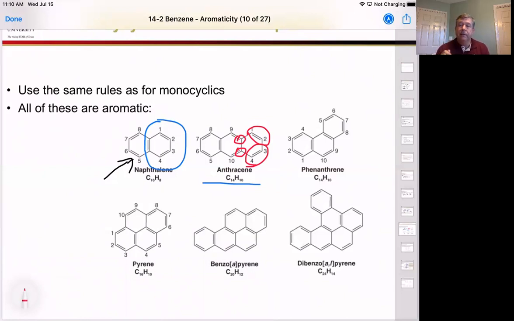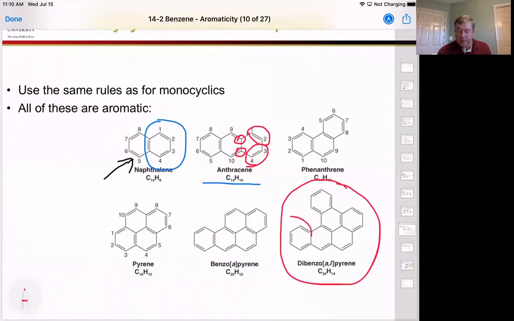Therefore, it is aromatic. And if we start looking for those electrons that are split in a double bond but within a ring, we can see that all of the compounds here actually are aromatic and follow all of the rules, okay? So one of the ones I want to draw our attention to is this one right here.